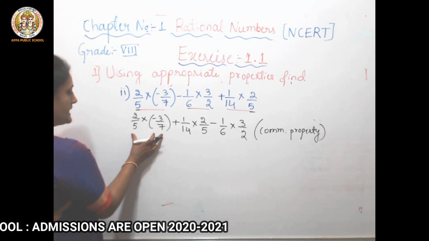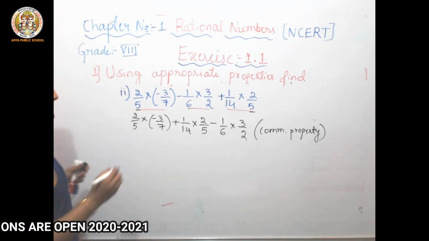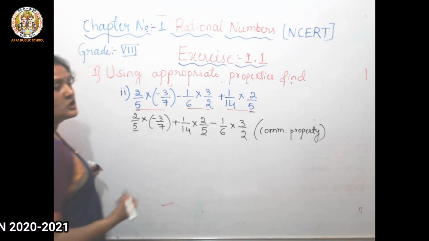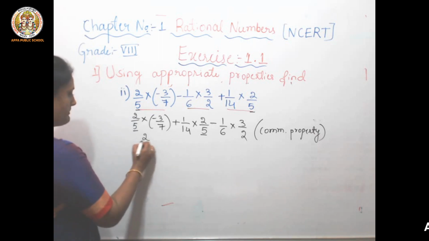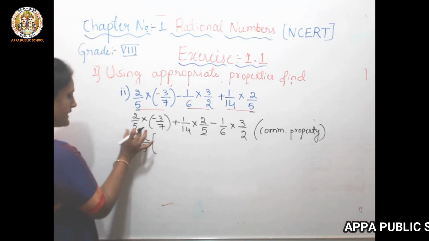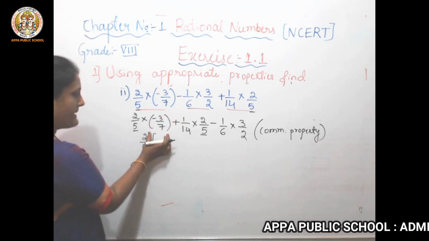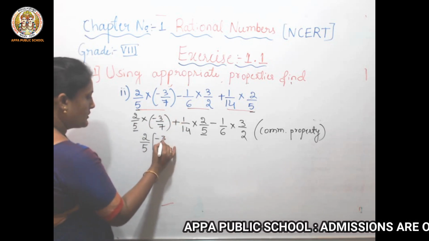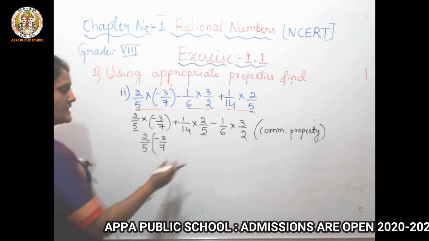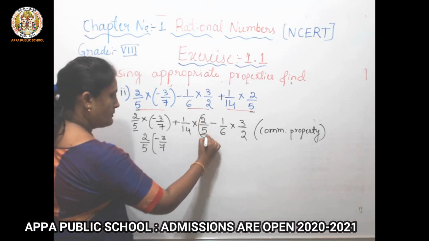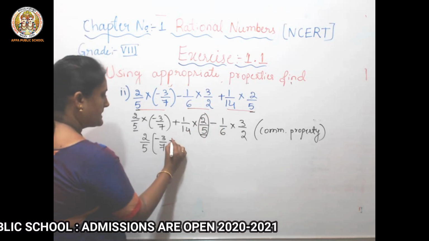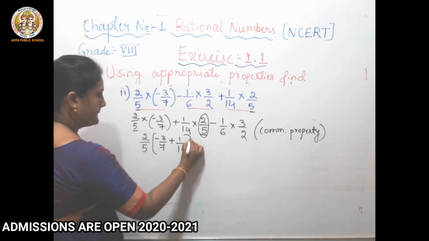Next, in these two terms, what is common? 2 by 5 is common. So let's take 2 by 5 common. After taking this 2 by 5, what's the remaining? Minus 3 by 7. So write minus 3 by 7. Here also we already took this 2 by 5. What's remaining? Plus 1 by 14.